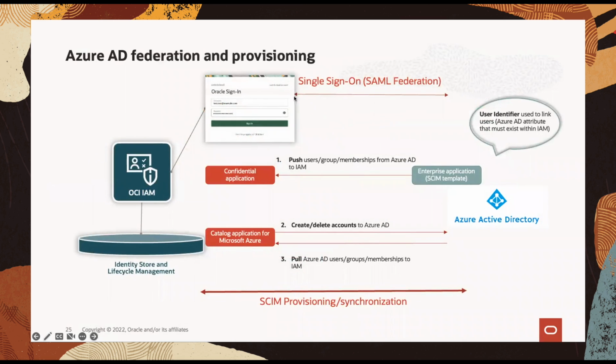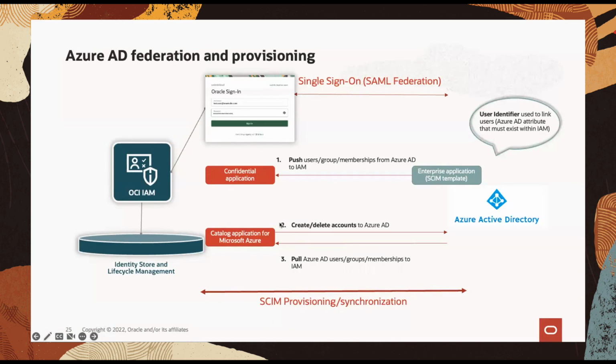Okay, so once we have the SAML setup between the IAM and Azure, then we can create a confidential application in the OCI IAM. In the confidential application, you can define what group or group membership is coming from the Azure AD.